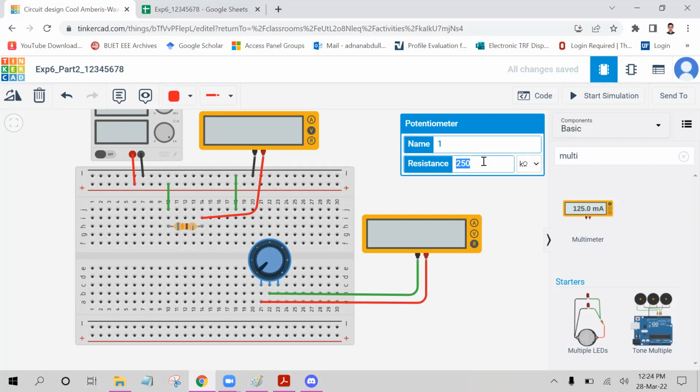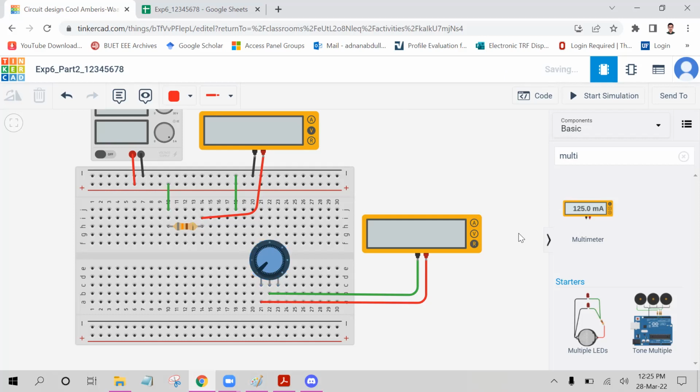This value written here is the maximum value of your potentiometer. We do not need 250 kilo ohm. You can set it to 4K or maybe 5K. That should be enough. Everyone understood what I just said?